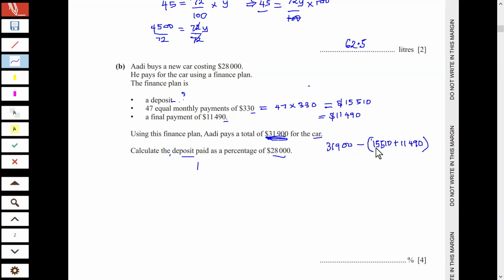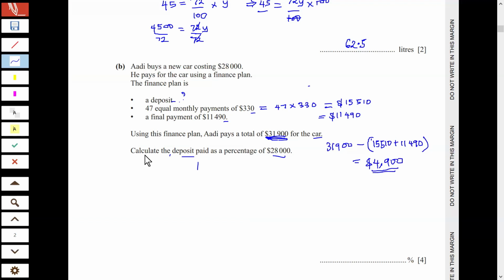Now you add these up and then subtract from 31,900. Now this gives us $4,900. Now the deposit is $4,900.